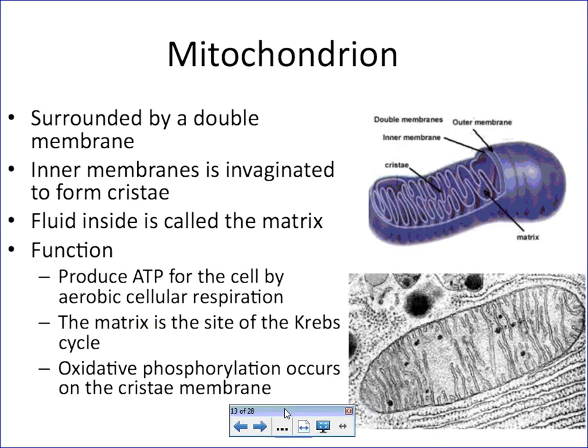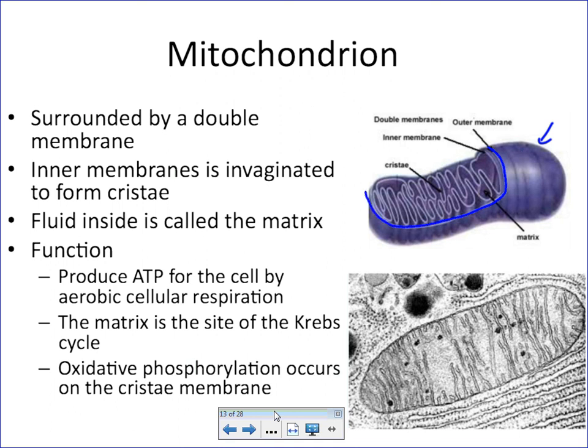The next organelle is the mitochondria, and the mitochondria is surrounded by a double membrane, meaning that if we look at our diagram of the mitochondria, there is an outer membrane that surrounds the whole organelle, and then within that membrane is another membrane that folds upon itself on the inside.